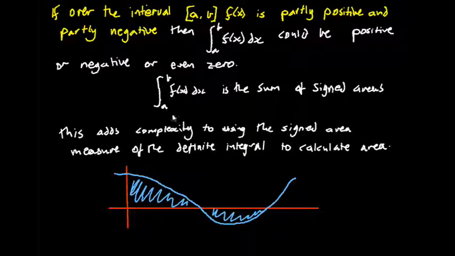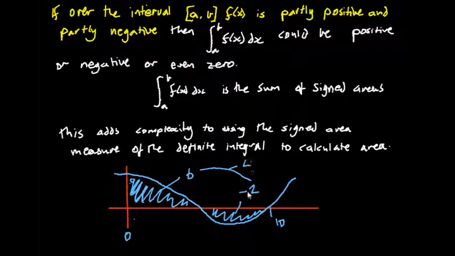So when we're actually evaluating the definite integral, it's the sum of the signed areas. If I found it between x equals 0 and x equals 10, for example, this might be positive 6, whereas this might be minus 2. We work out the integral, and it would be the sum of those two values.